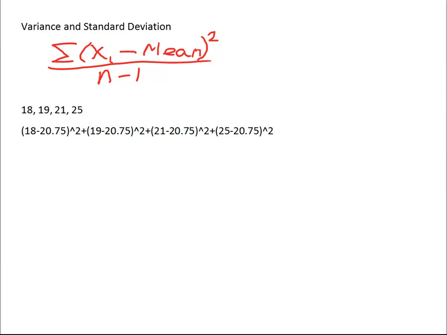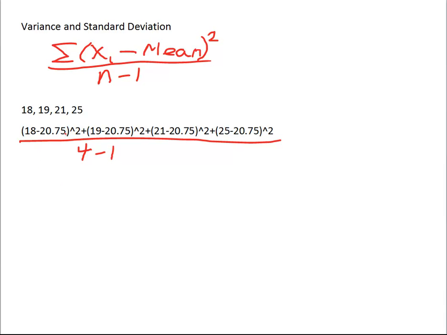Now we want to divide by n minus 1. I've got 1, 2, 3, 4. N is 4 minus 1, which obviously is hopefully 3.